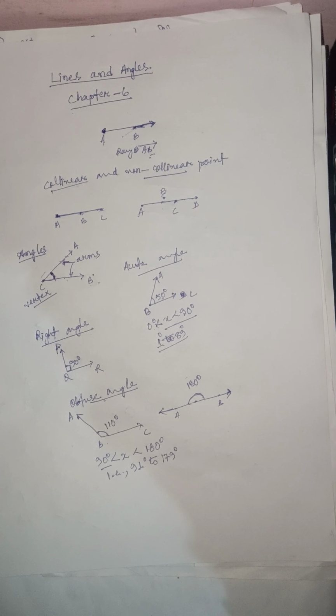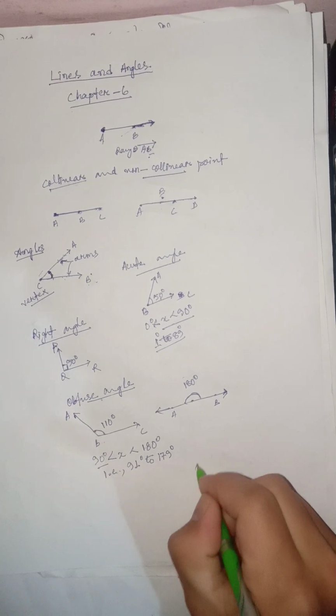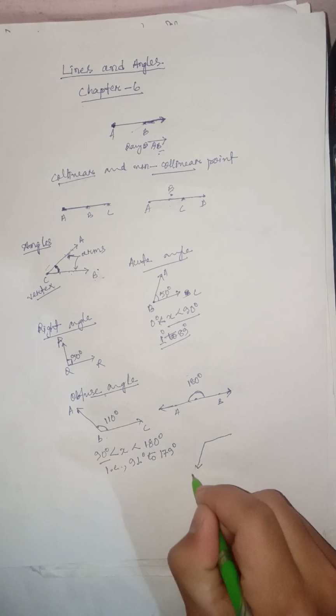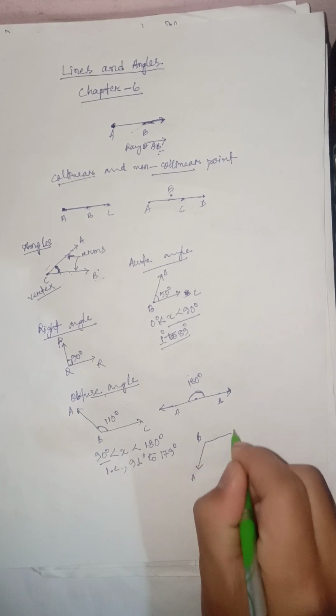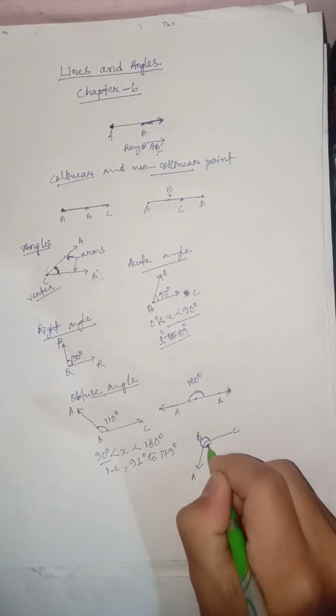And after that we have the reflex angle. In case of a reflex angle, let me draw it like this again. It is A, B, and C. Sorry, it will be like this.